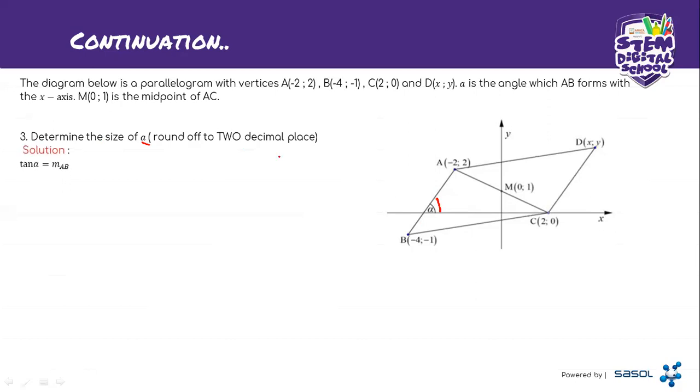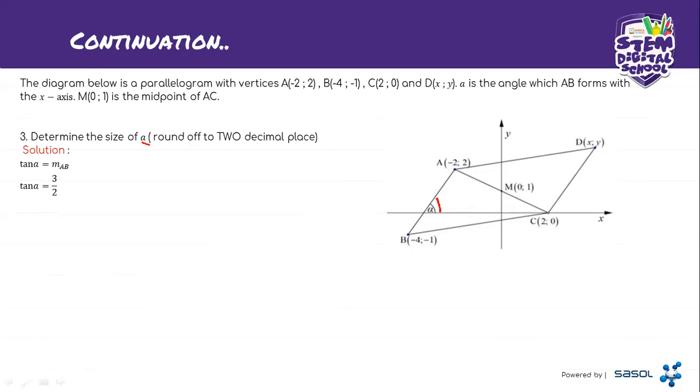First we need the gradient of this line. For us to be able to calculate that angle, we have to get the gradient. Remember, earlier on we calculated it from line AB, which is 3/2.